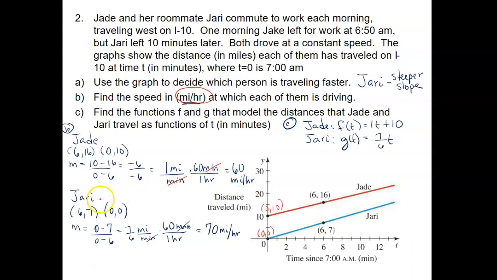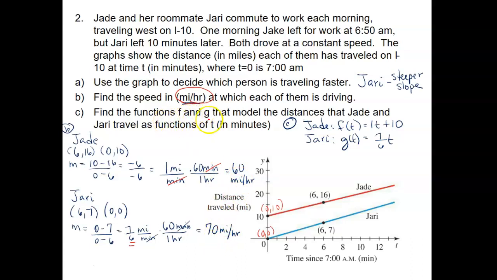For Jari, if I set this up and calculate, I get 7/6 miles per minute, convert that by multiplying by 60, and I get 70 miles per hour. So these are the speeds that they're traveling. Jade is traveling 60 miles per hour and Jari's traveling 70 miles per hour.